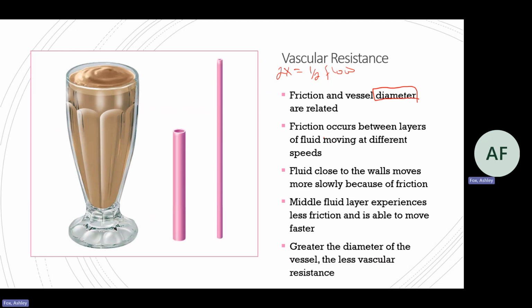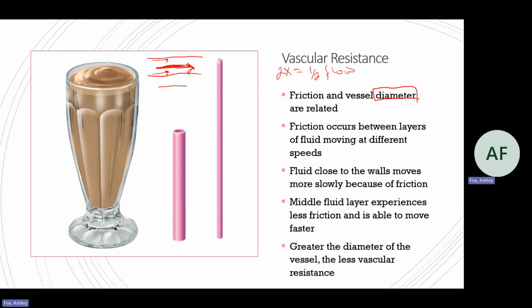Friction is also looking at the layers of blood flow. The ones closer to the wall are moving slower than the ones in the middle, because the ones on the outside are hitting the wall and it's slowing them down. So if you have a large blood vessel where a majority of the blood is in the inner parts and can go fast, then you're not going to have as much resistance.